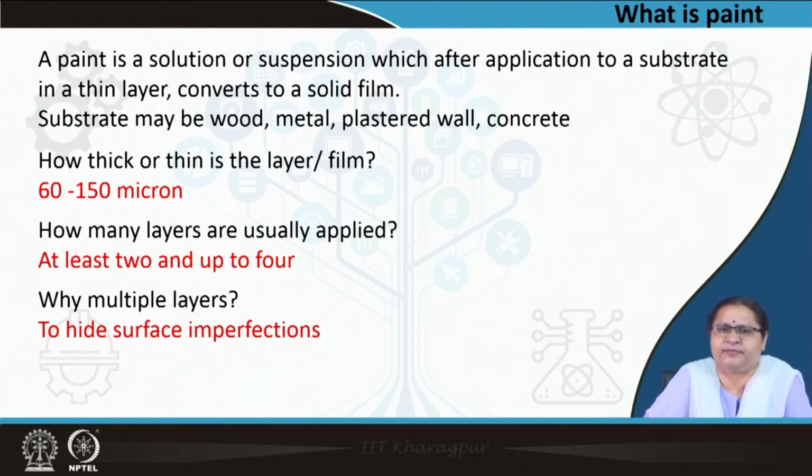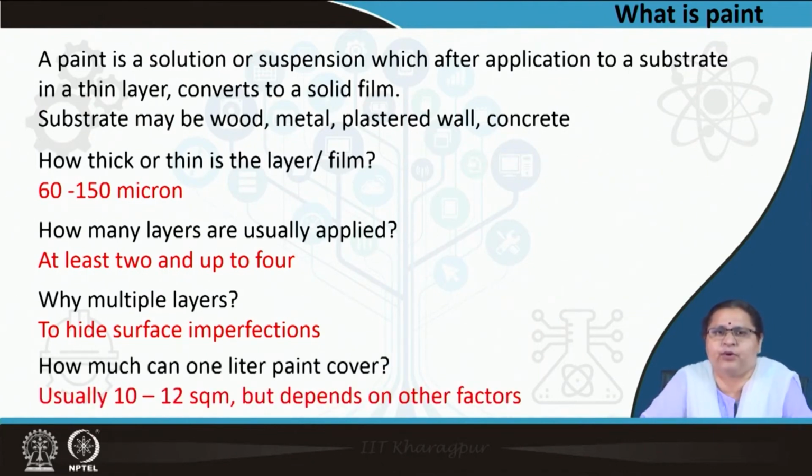But the basic primary purpose of multiple layers is to hide the surface imperfections. So, when you see the layer, it should be only the color or only the layer you want to see, with a very uniform distribution without any breaks or gaps.